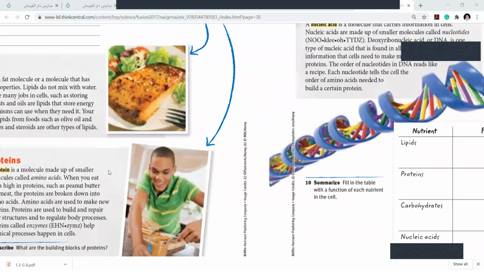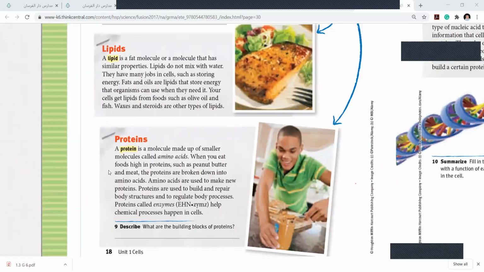Can you say me what is the function of carbohydrate? Miss, I can't hear you. You don't hear me? What is the function of carbohydrate?